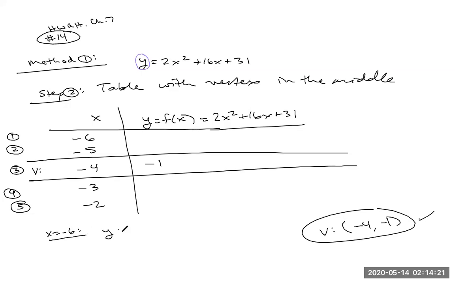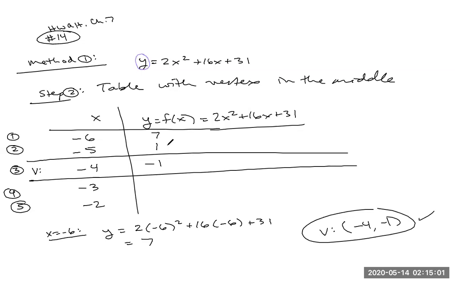We're saying, okay, y is equal to 2 times -6 squared plus 16 times -6 plus 31. That gives you 7. So when x is equal to -6, y is equal to 7. I'll use the calculator for the rest to make it faster. When x is equal to -5, y is equal to 1.